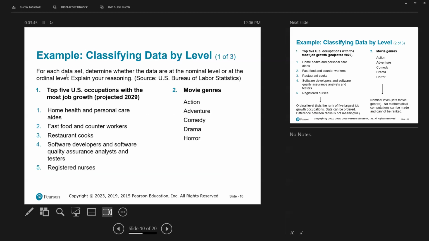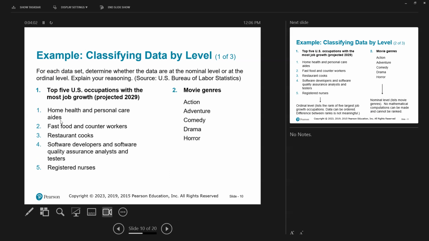Now, for each data set, determine whether the data set is at the nominal level or ordinal level. And we're going to explain our reasoning. So we have the top 5 US occupations with the most job growth.